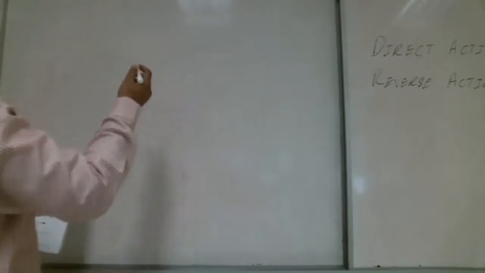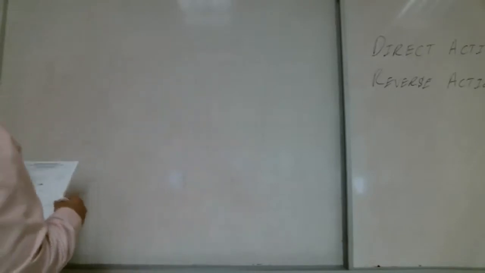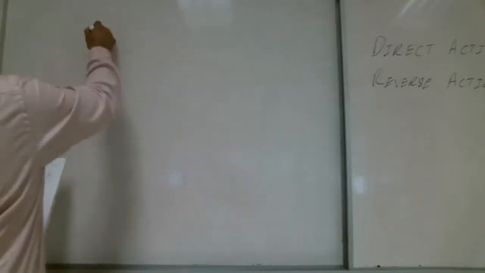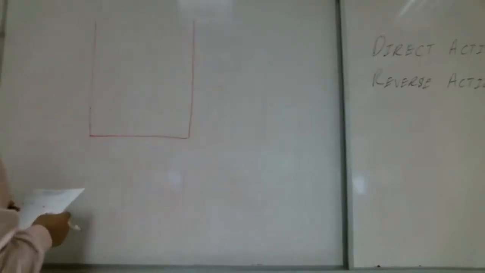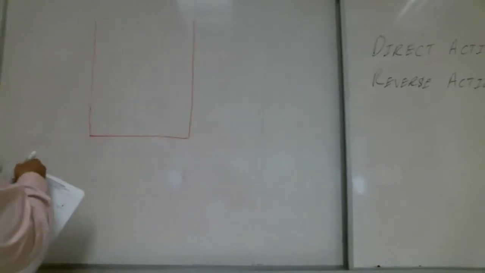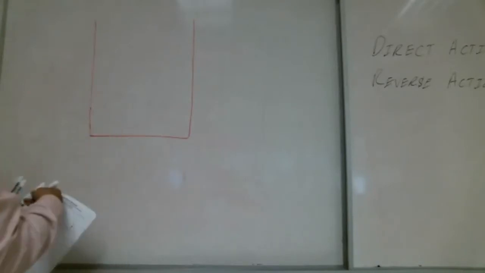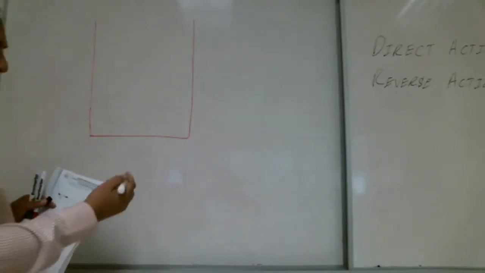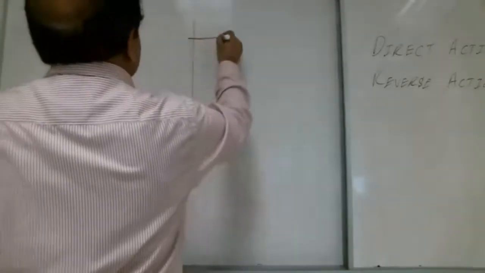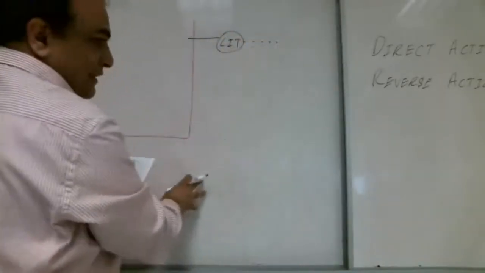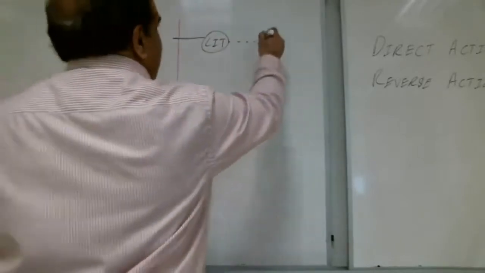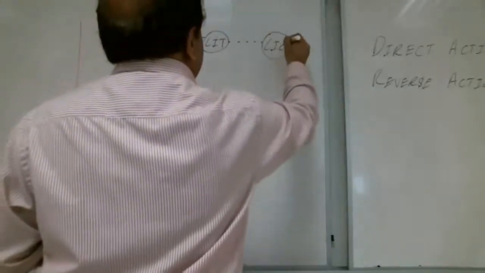Now let us start. What does it mean, direct action and reverse action? Remember this rooftop tank? Level indicator transmitter is sending signal to the level indicator controller.